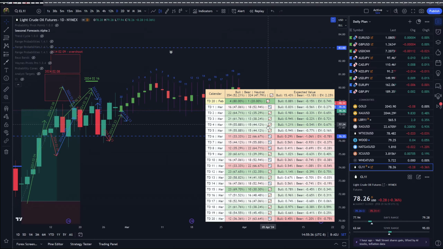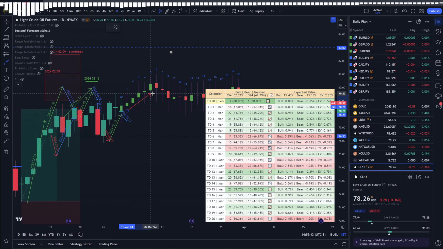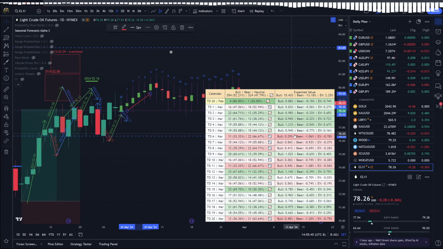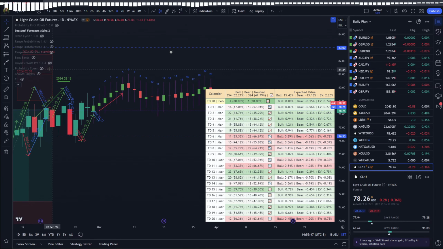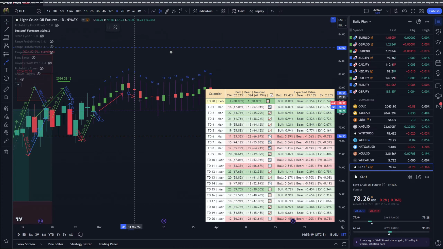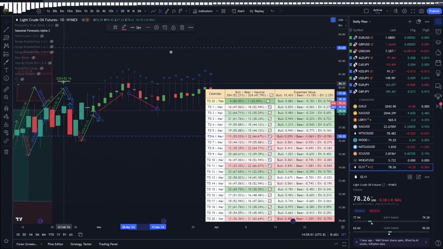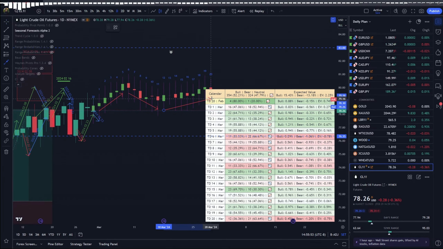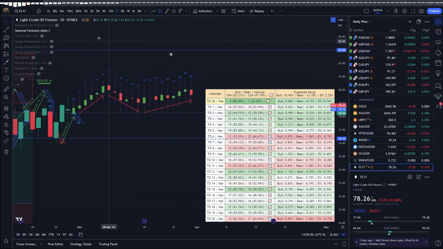Nice bullish expectations here at the beginning of the month from here to the 5th, and then it's quite negative expected value from there to the 11th, and then bullish drift into the end of the month.